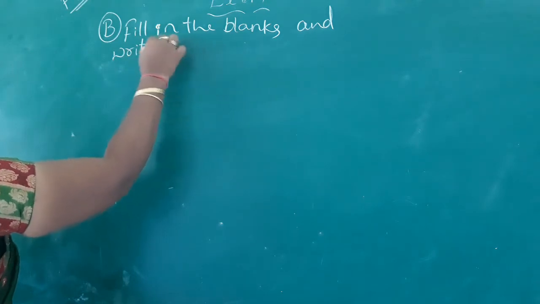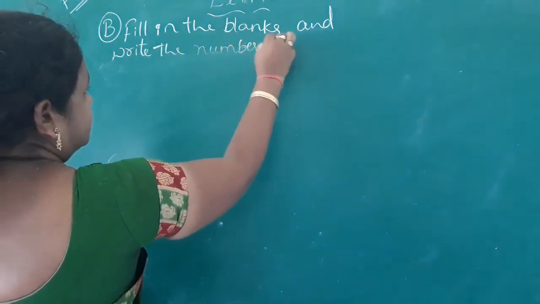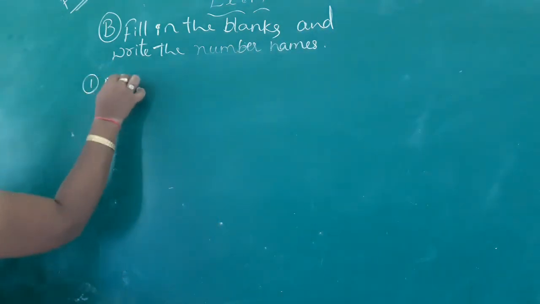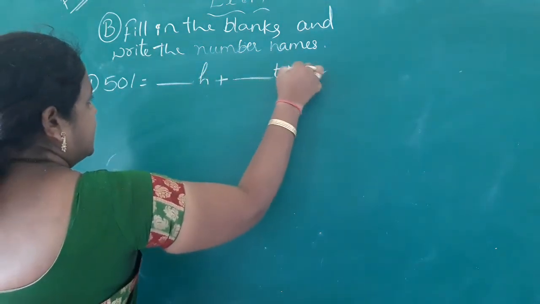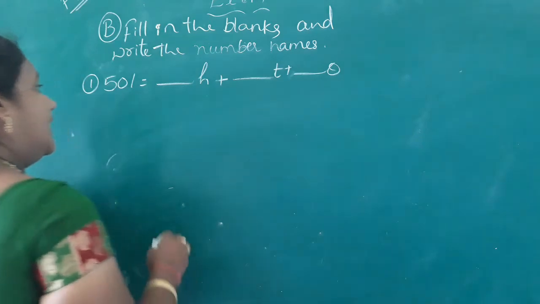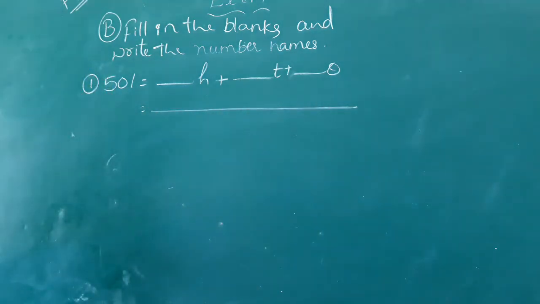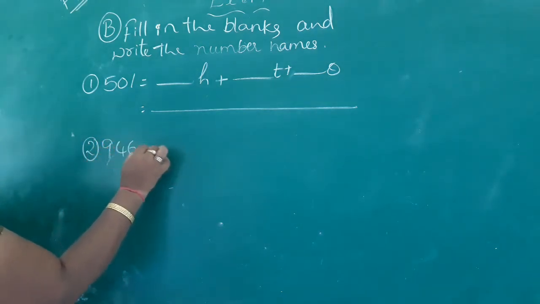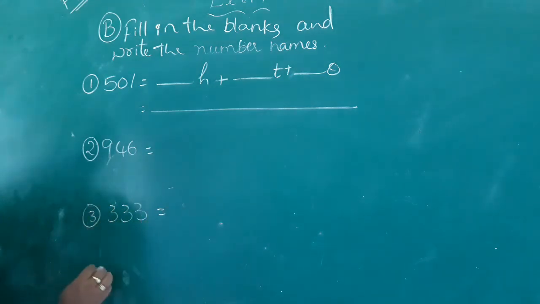How will we fill that and how do we write the number names? 501 equals how many hundreds, how many tens, and how many ones are there? And write the number name of this number. Okay. Secondly, 946. Third one, 333. Fourth one, 240.